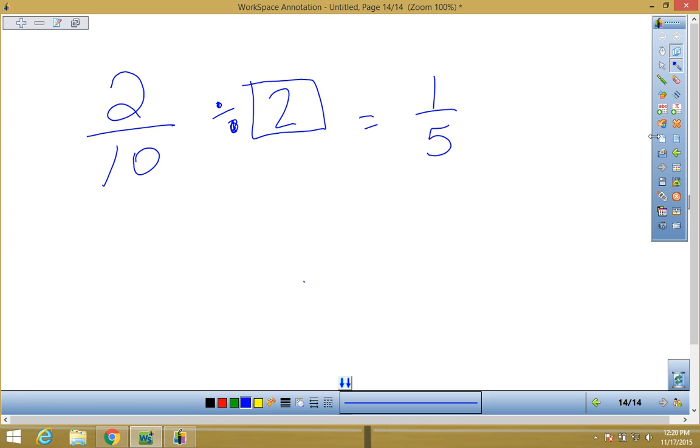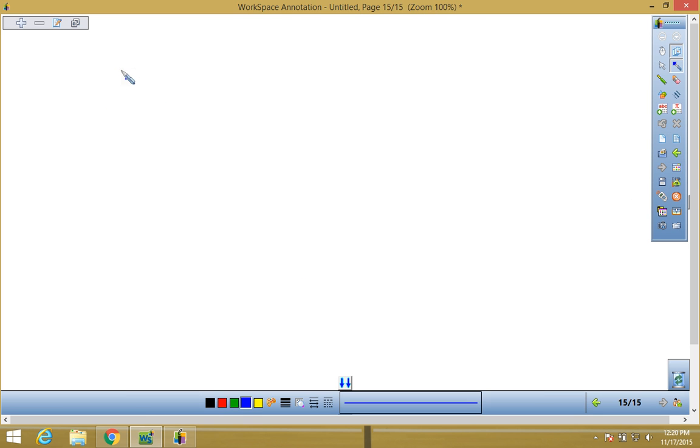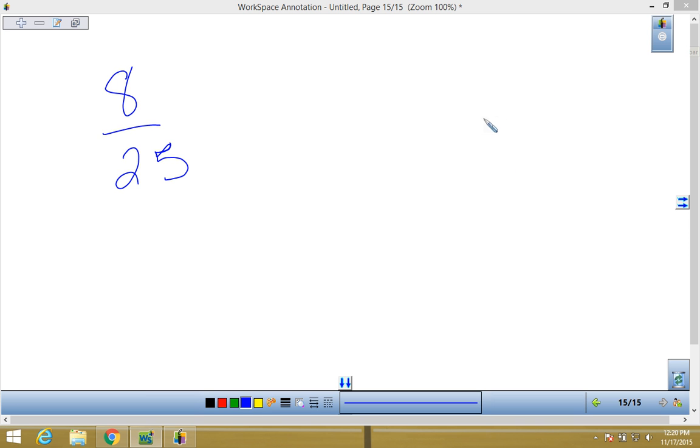Let's look at another one. What do you think about this one? 8 over 25. Well, if you're not sure, then you can think about the greatest common factor like we did yesterday.